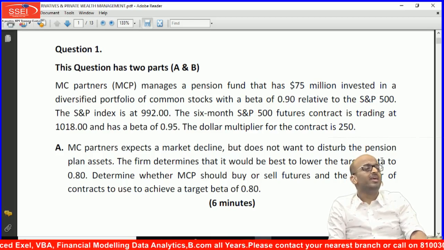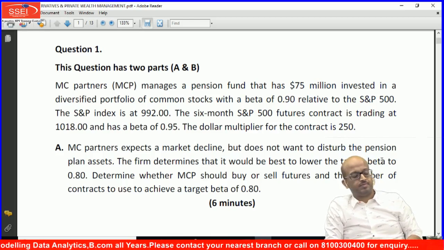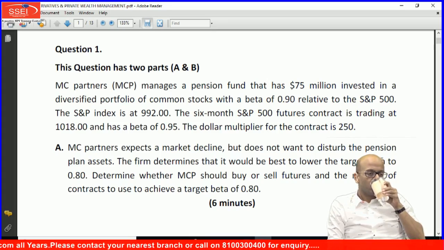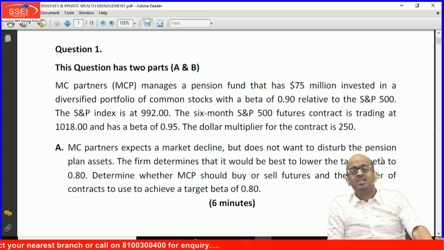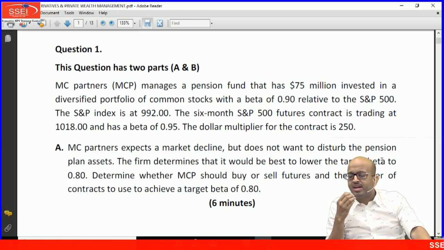What is 75 into 0.9? It is 67.5, so $67.5 million.